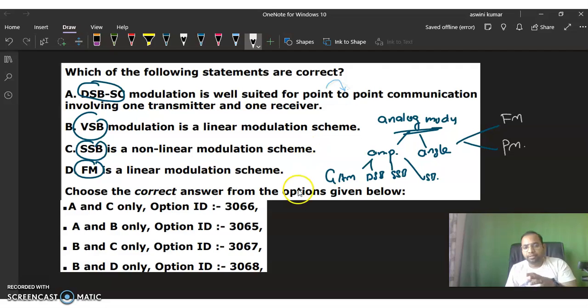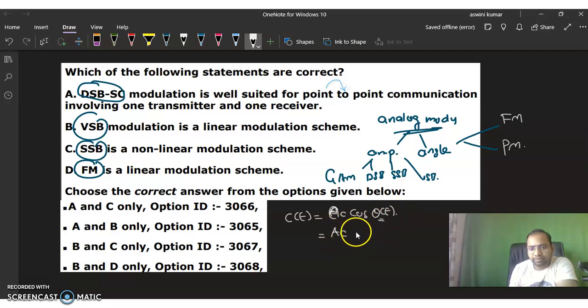Now, for analog modulations, we write c of t is equal to Ac cos theta of t. It is the carrier signal before doing any type of modulation. We can also write this theta of t as omega ct plus phi.